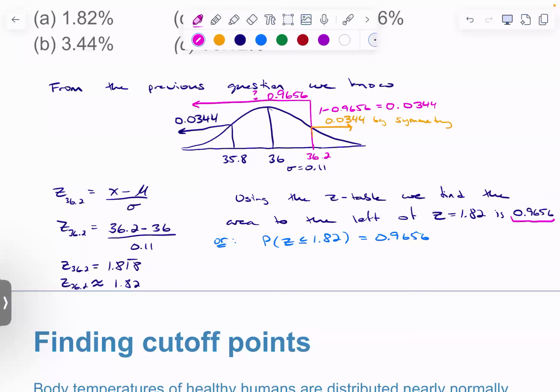Could have got there by symmetry, but also just knowing the rules of the distribution, right? Total area is 1. So now we want to find this area.